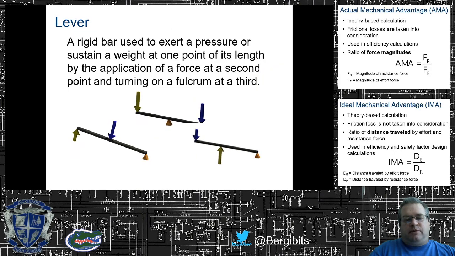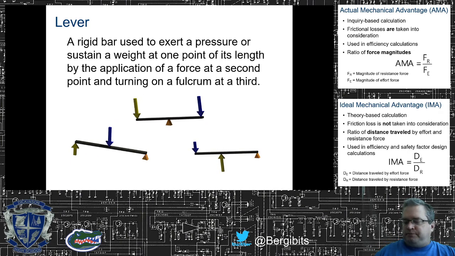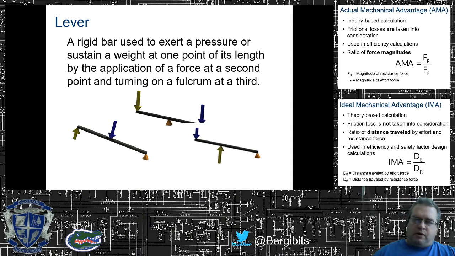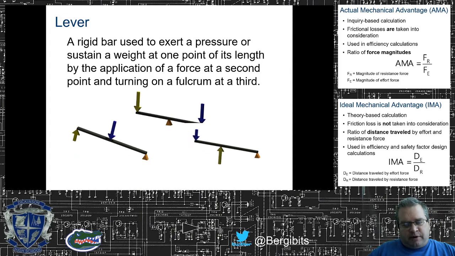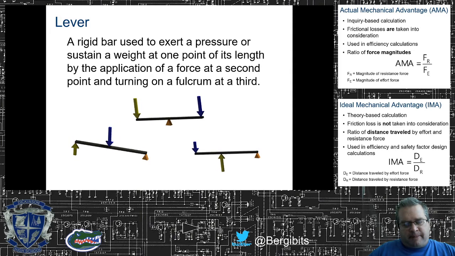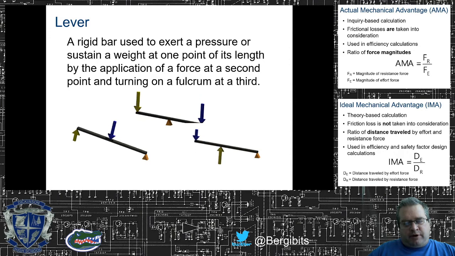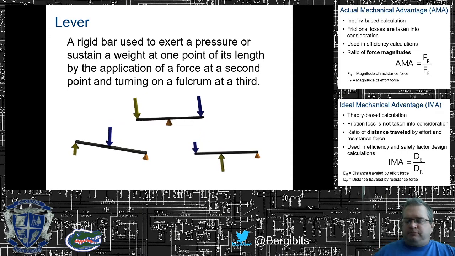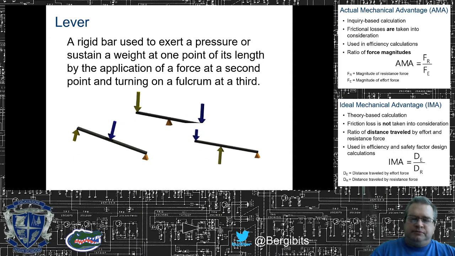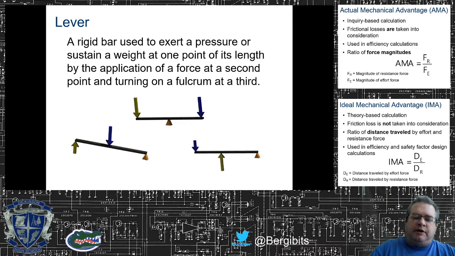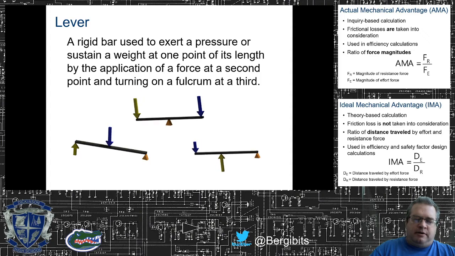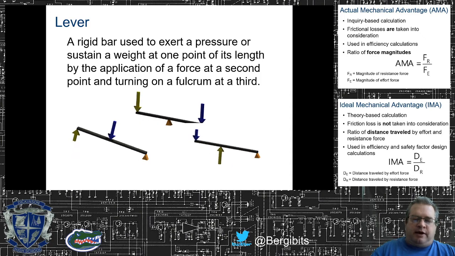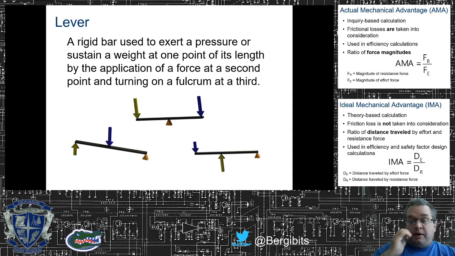Alright, so illustrations or animations at the bottom. The middle one is where both effort and resistance are in the same direction. The bottom left animation is mechanical advantage greater than 1.